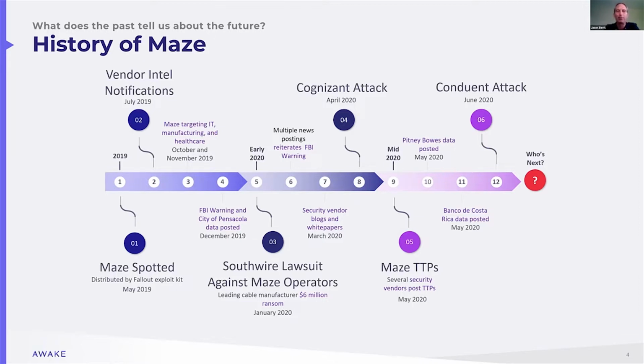One of the challenges, when I first came over to Awake, we were looking for some of the encryption files, and in my mind I was thinking, if all we're seeing is the encryption file on the network, then we've already lost the ransomware battle at some level.